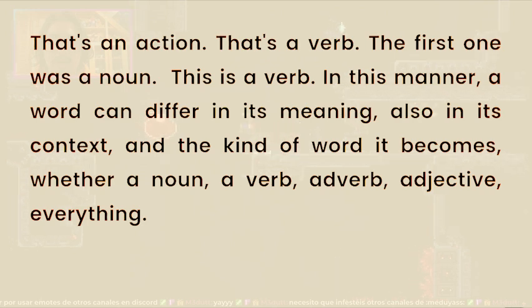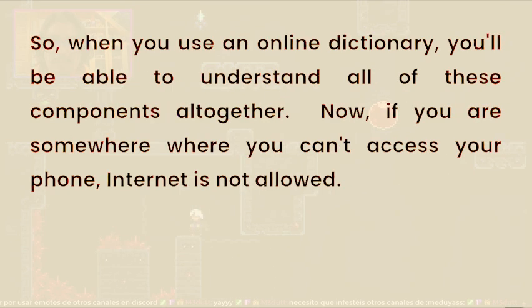In this manner, a word can differ in its meaning, also in its context, and the kind of word it becomes, whether a noun, a verb, adverb, adjective, everything. So, when you use an online dictionary, you'll be able to understand all of these components altogether.